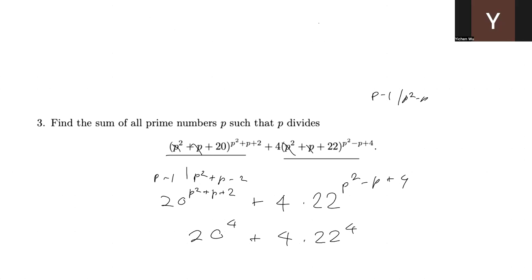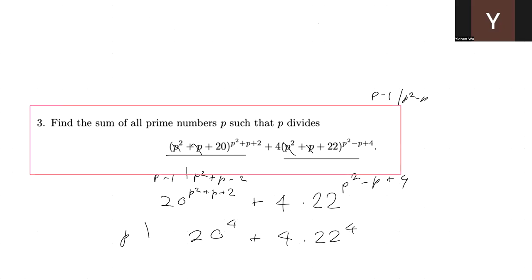If we try factoring this, I believe we can use the Sophie Germain identity, which lets us factor this as 2 to the fourth power times 10 to the fourth power plus 4 times 11 to the fourth power. Now we can further factor this by completing the square into 2 to the fourth power times (10 squared plus 2 times 11 squared minus 2 times 10 times 11) and (10 squared plus 2 times 11 squared plus 2 times 10 times 11).